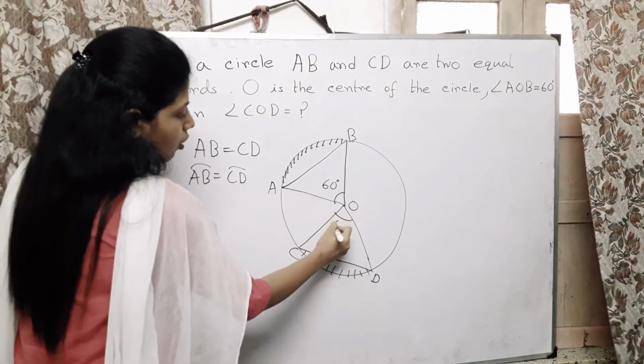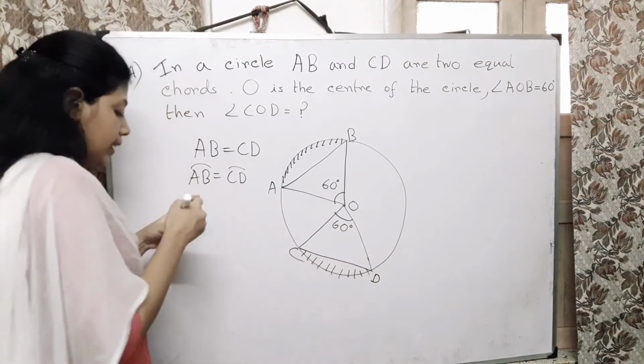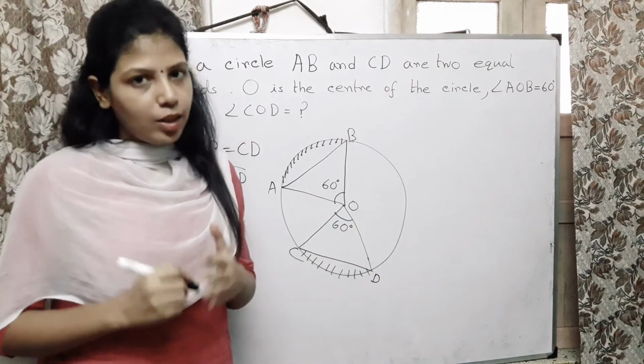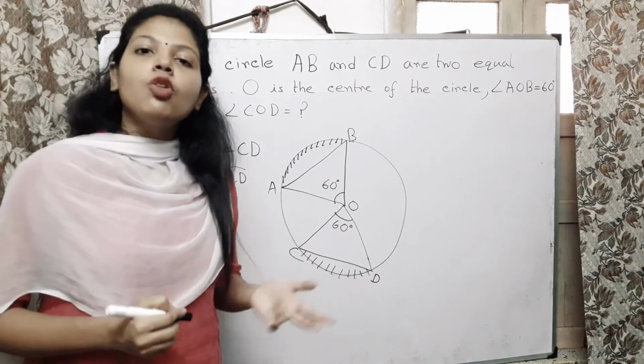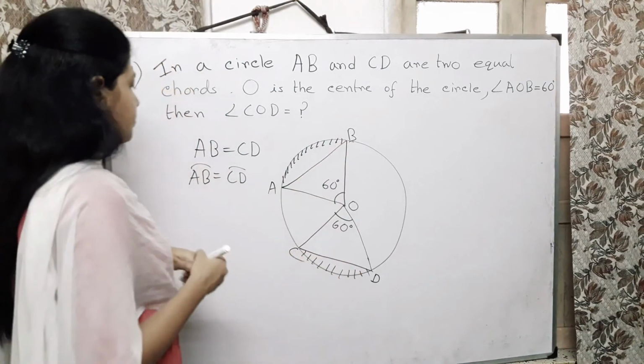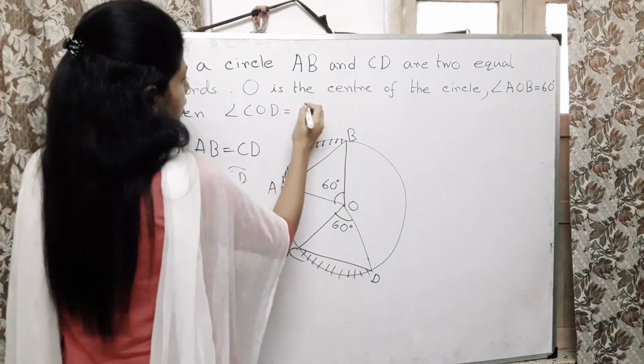So this one will also be 60 degree. What is the basic reason for that? Angles lying on the same arc are equal. So when I draw two equal chords, the corresponding arcs will also be the same. So this one will be 60 degree.